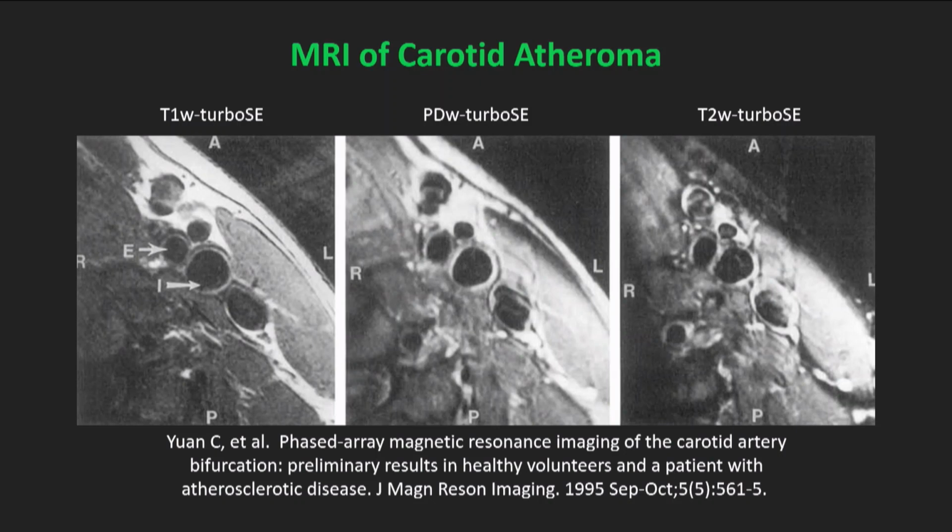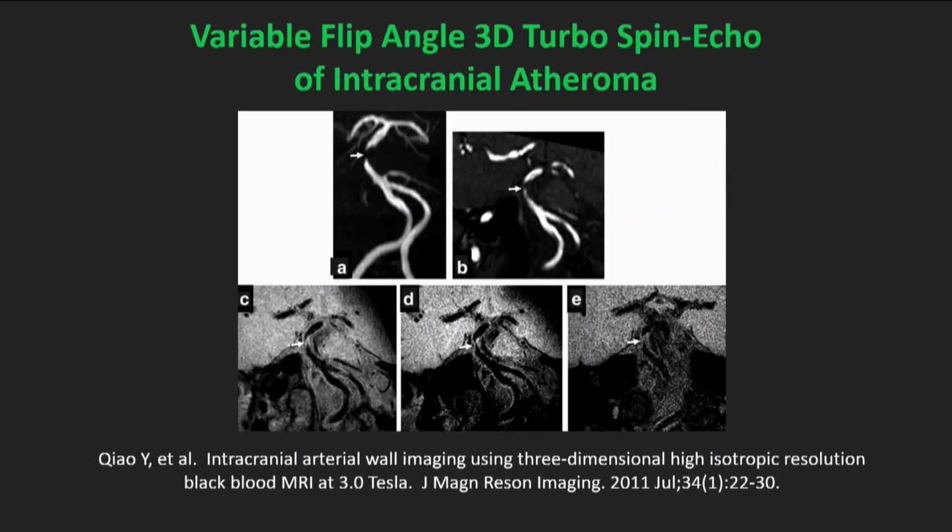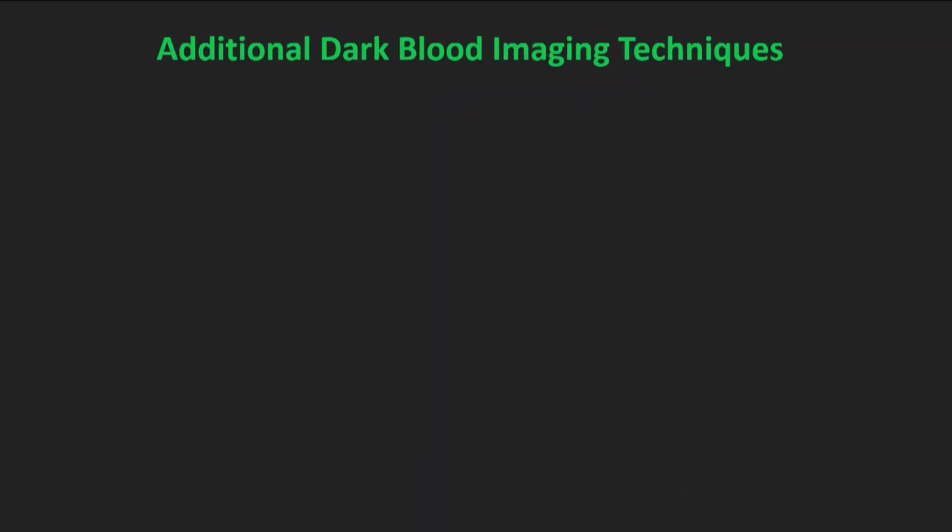And this is something where I think MR is clearly advantageous over CT, at least in this vascular system. And then using 3D variable flip angle turbo spin echo techniques, people are now routinely looking at intracranial plaque, which is kind of an undiscovered country and something with a lot of potential applications.